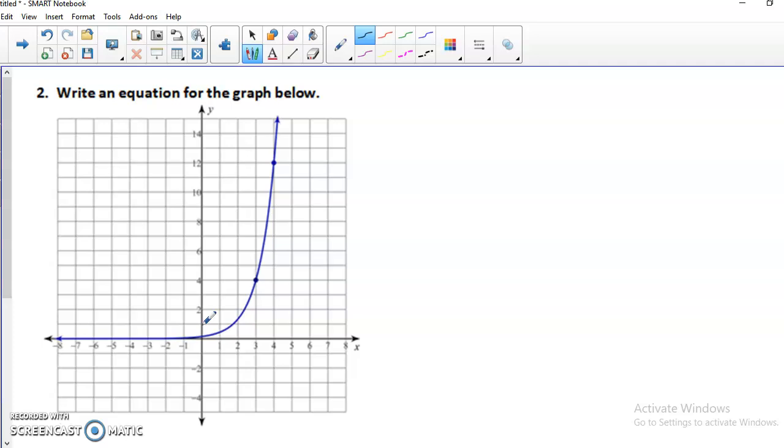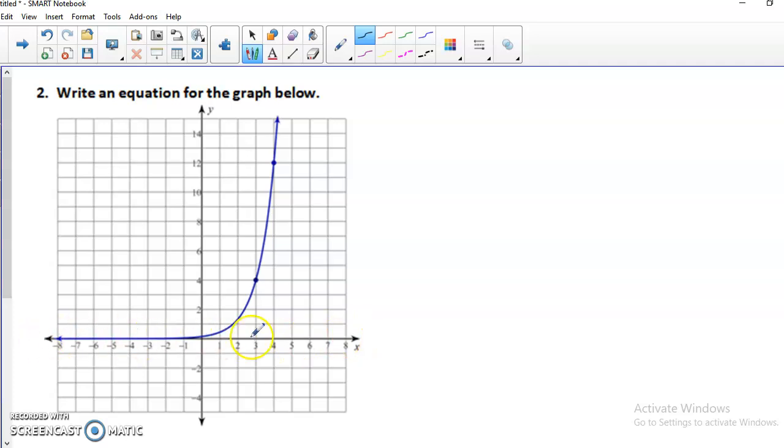However, it's not always starting there, or we don't always have a point there because it's been translated. So we have to figure out how it's been translated. Another thing to think about is, remember, our horizontal asymptote comes from if something is being added or subtracted on the outside of our equation.